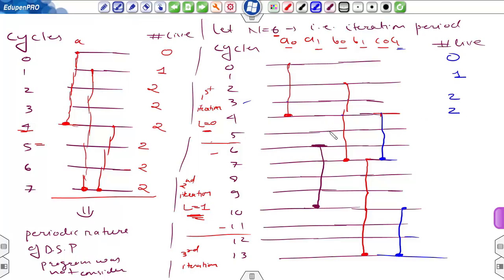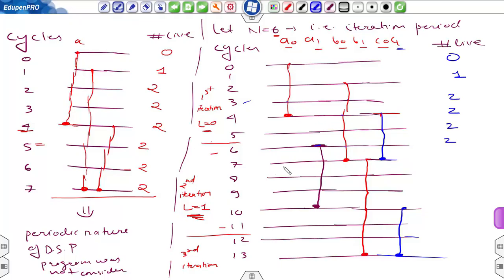Fifth cycle, B0 and C0 are live, so 2 live variables. At the sixth cycle, A1 is just produced and B0 and C0 are live, so 2 live variables.